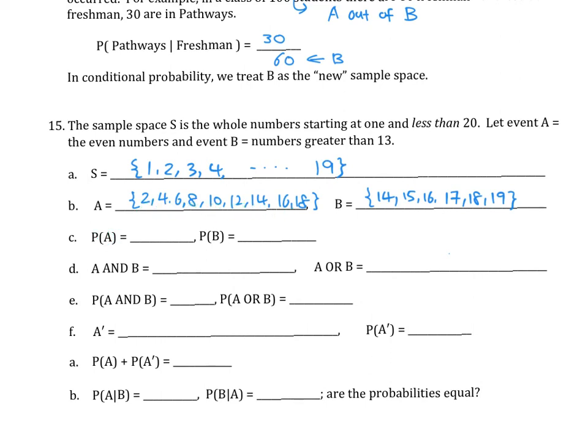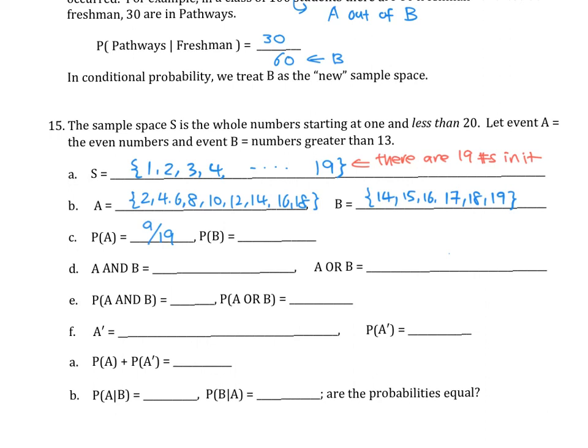There are 9 numbers in it. So it must be 9 over 19. So why is it 9 over 19? Because S says there are 19 numbers in it. That's why it's 9 over 19.